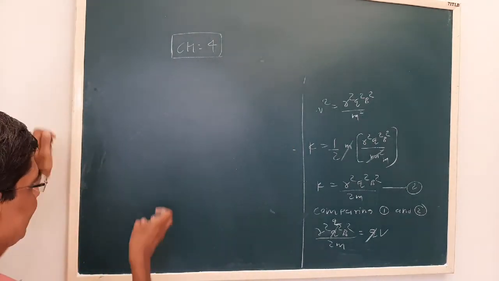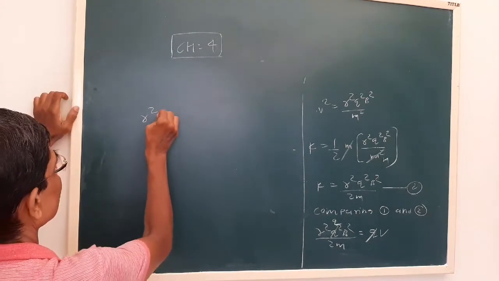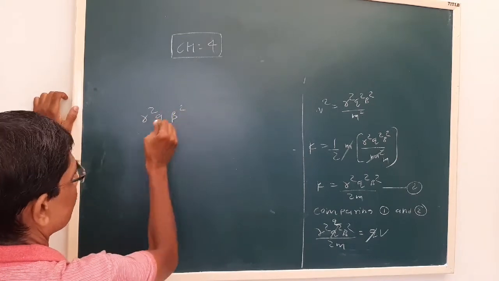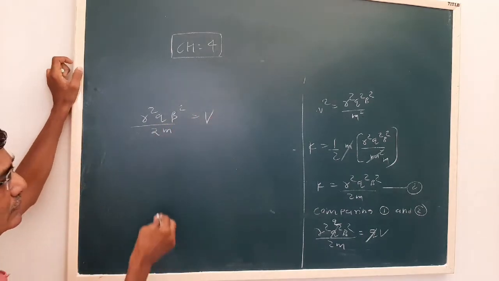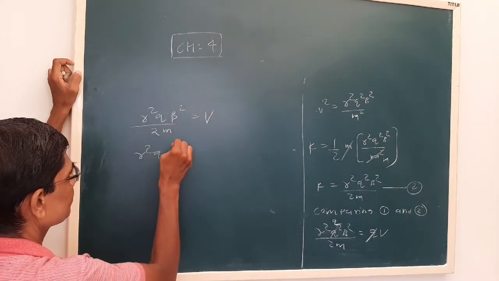So it will be r square q B square equals 2mV.